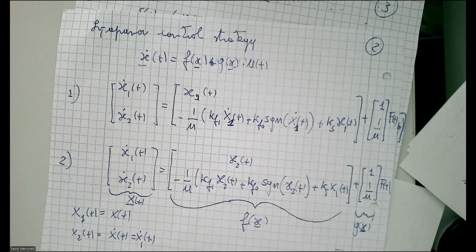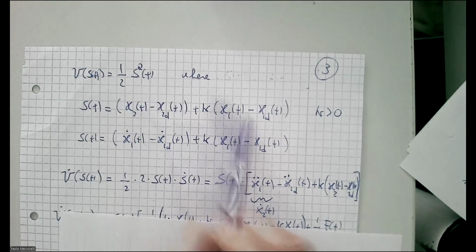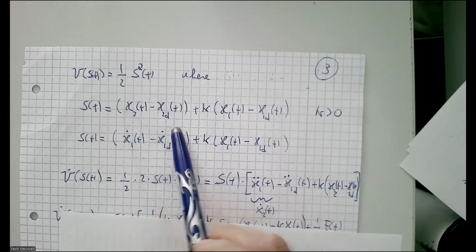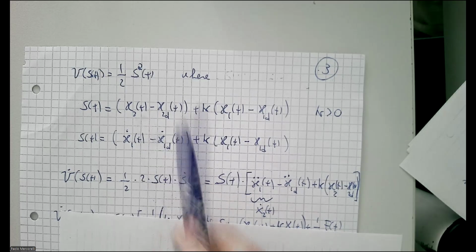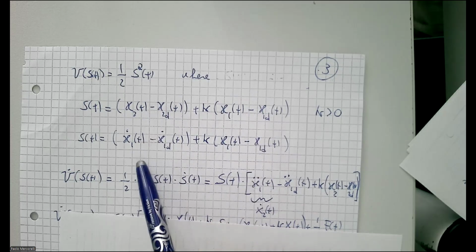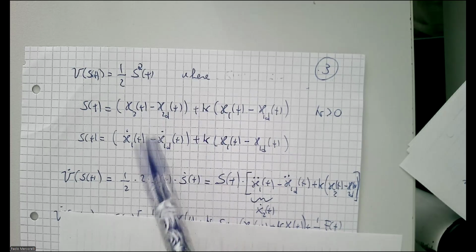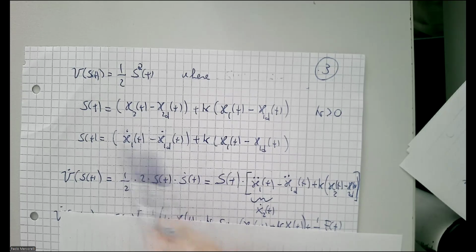Therefore, I need, for a given Lyapunov function candidate which includes all states, x1 and x2, a surface with order n minus 1, where n is the number of states. Here n equals 2, so n minus 1 equals 1: the order of the surface is 1.